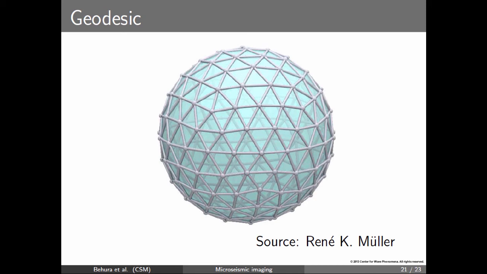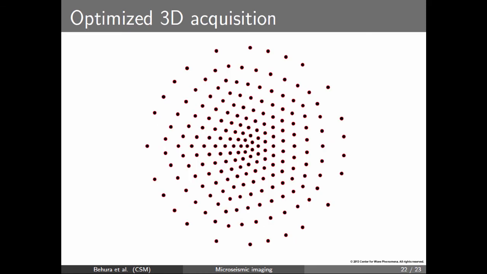The azimuth and takeoff angle can be computed from each vertex, and they can be projected onto the surface to come up with an optimized 3D acquisition. And this is what the acquisition looks like. Again, the receivers are much more tightly bunched around the epicenter of the microseismicity, whereas as you go farther along the offset, they are more sparsely spaced.